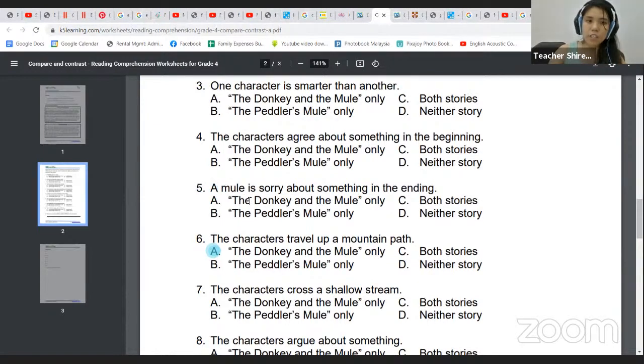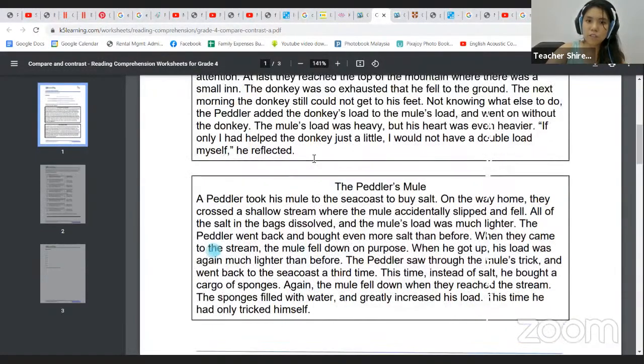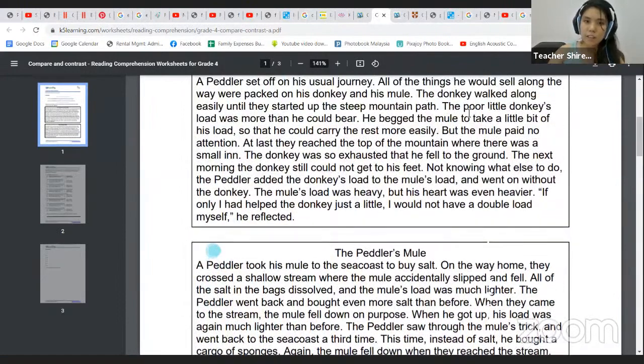Okay, a mule is sorry about something in the end. In the end, you say the donkey and the mule. Actually, in that story he feels sorry about something. What is he sorry about? At the end, did he feel sorry about anything? Yixun, I'm talking to you.